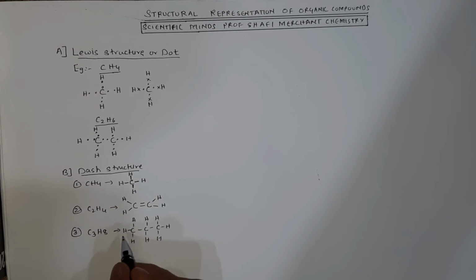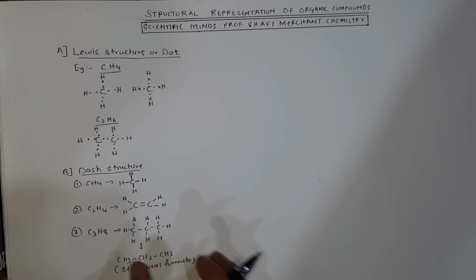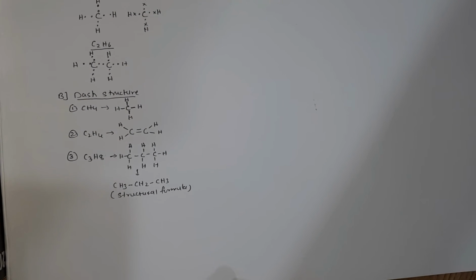And if you write this as CH3, CH2, CH3, this is basically called the open structural formula. So this is a dash formula, the open structural formula for propane, basically a chain structure. So this is a dash structure.